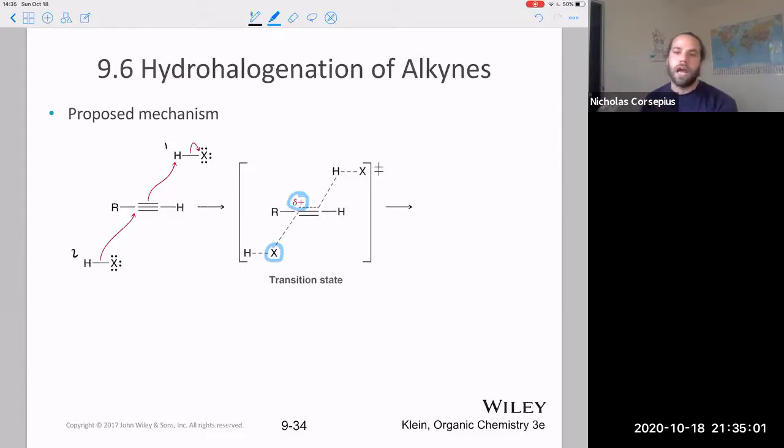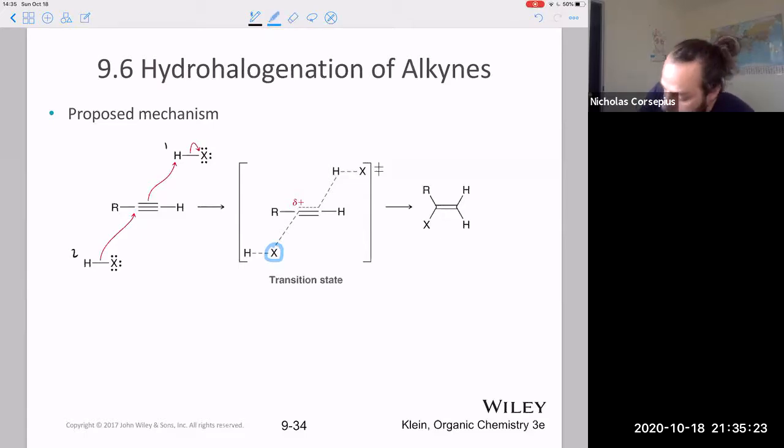So we want it to be the most highly substituted carbon, right? That's going to be the most stable. It would be way less stable if that partial positive charge was on this carbon, because it's not as highly substituted. So this is our transition state, and that's how we get our alkene here.